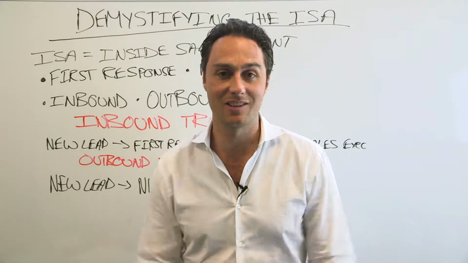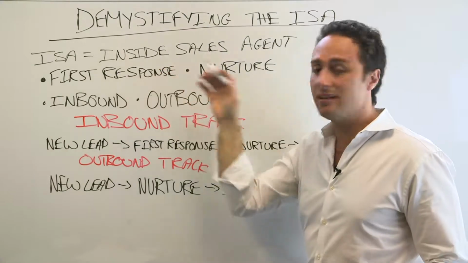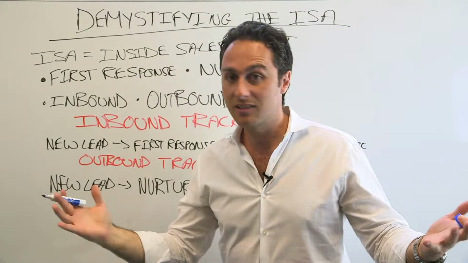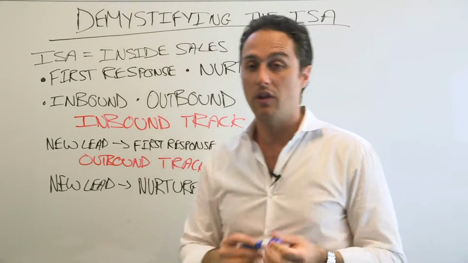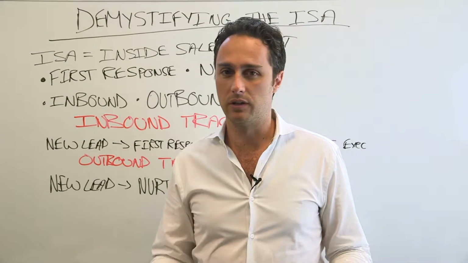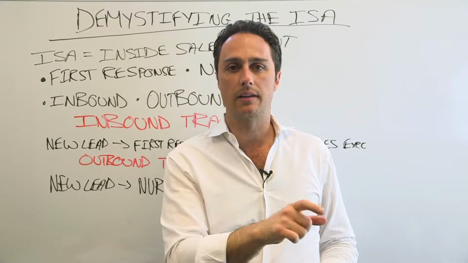The only thing I see people agreeing on is that ISA stands for Inside Sales Agent. That's about it. There we can all agree, but from that point forward, there's a lot of confusion, specifically around the function of the ISA.